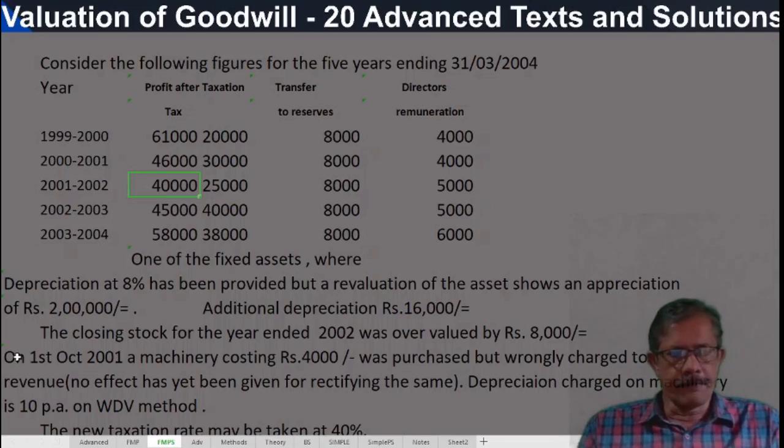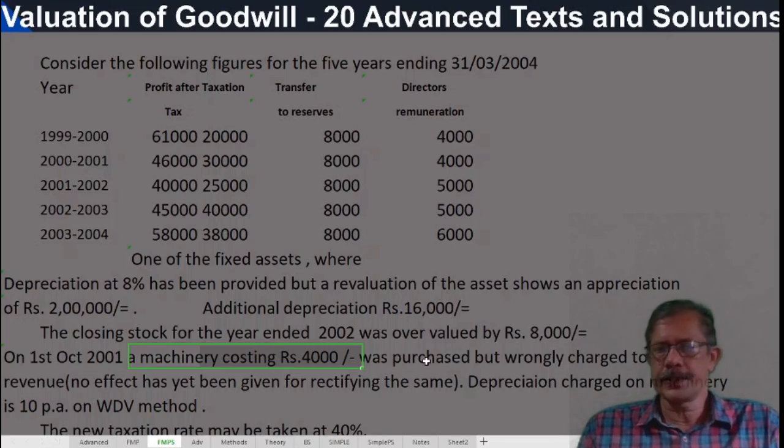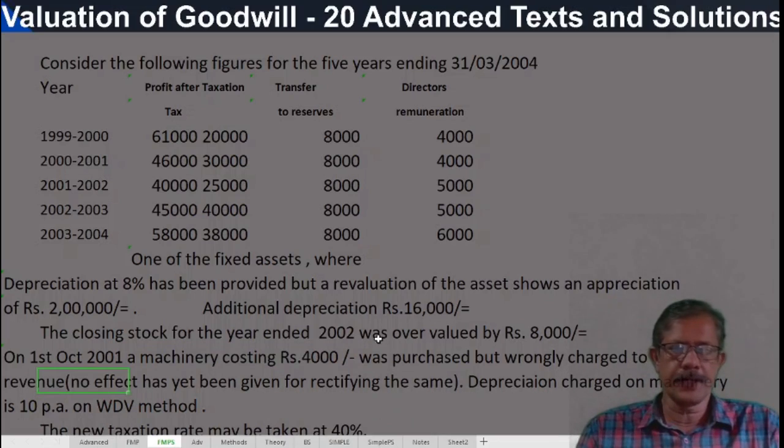The next point, on 1st October 2001, machinery costing 4,000 was purchased. Additional machinery was purchased, but wrongly charged to revenue account. So what is the effect of this information? In October 2001, so it is the accounting year 2001-2.